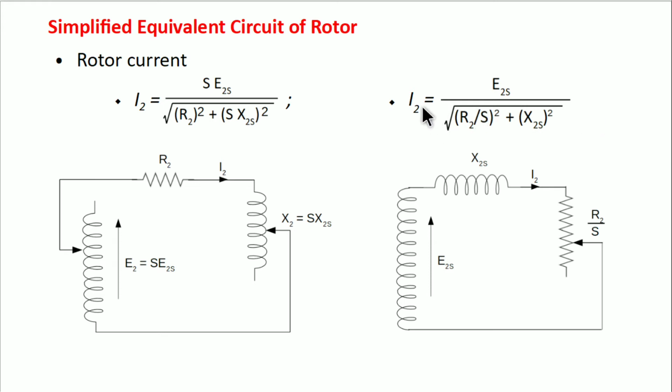This is the equation for the rotor current under running conditions, but we have modified it by dividing the numerator and denominator by slip.